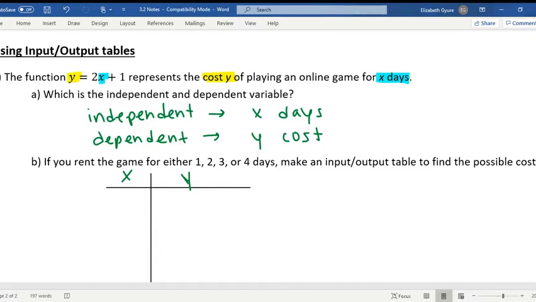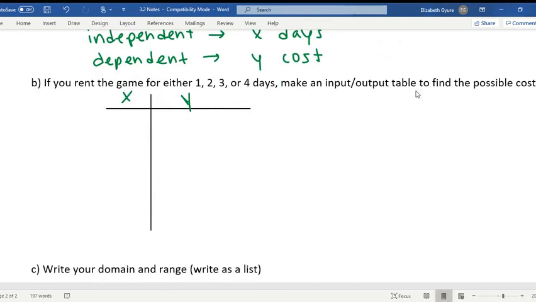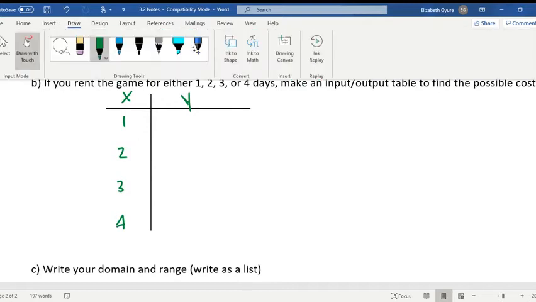Okay, so it says you rent the game for either 1, 2, 3, or 4 days. And if you look up above, isn't days X? So that's what you're going to plug in. So I'm going to put 1, 2, 3, and 4, and give myself some space so I have some room to work here.